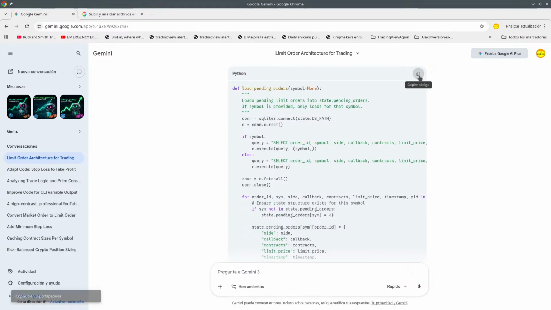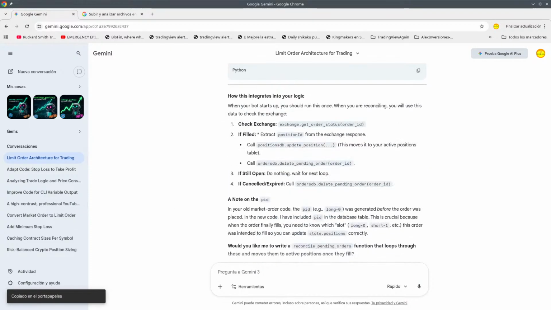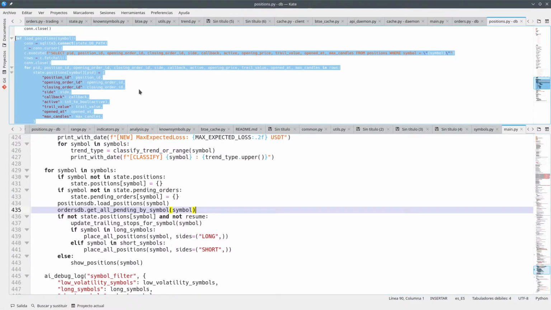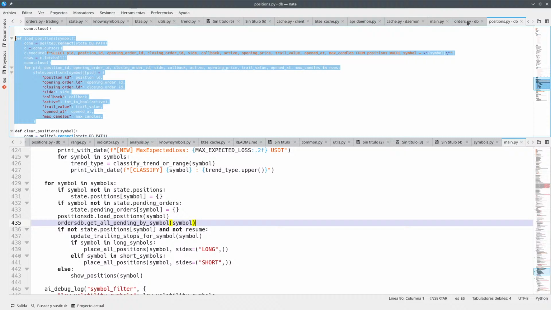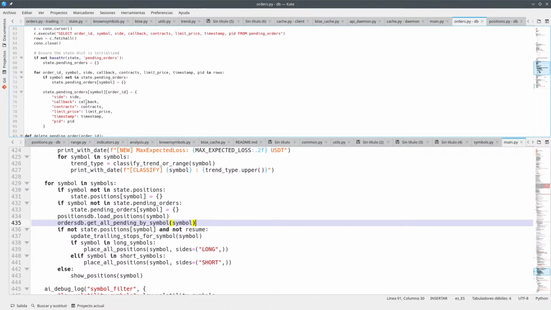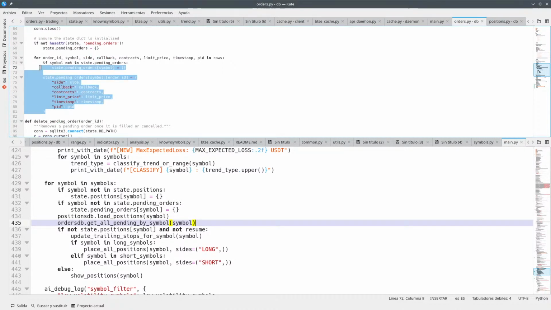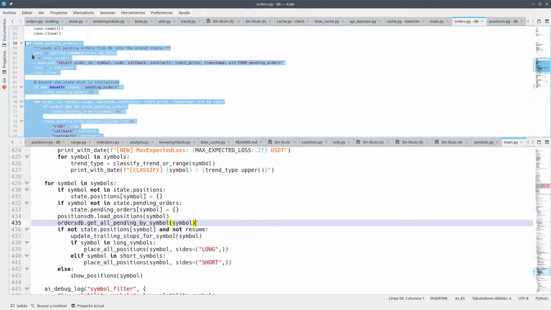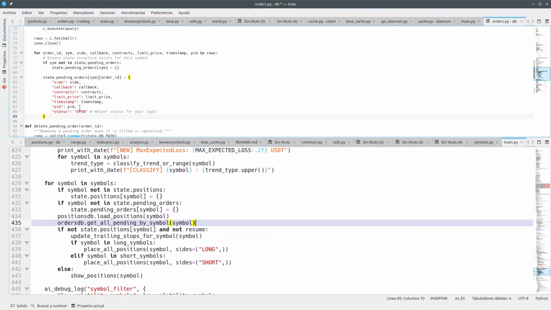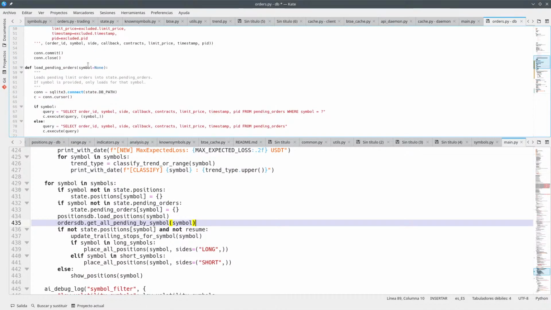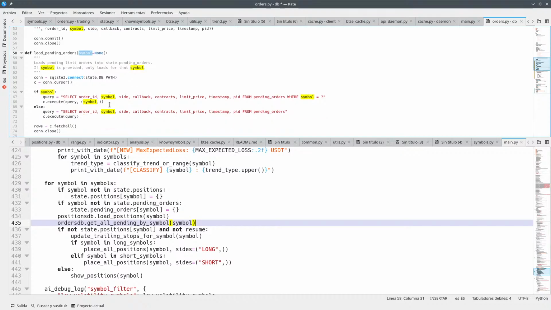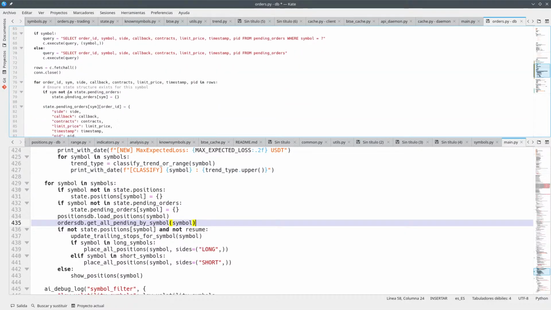Yeah, so I guess that I can use load pending orders which already existed here. And given that it has symbol known, look at that, where we filter by symbol. So it's load pending orders.